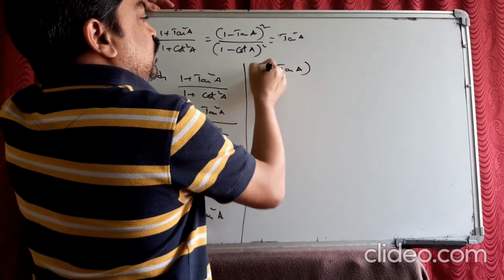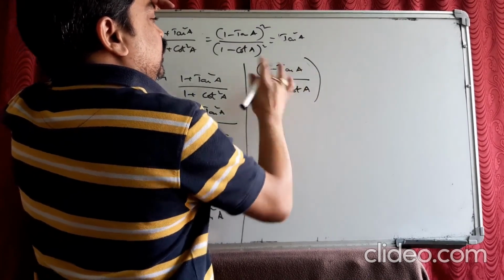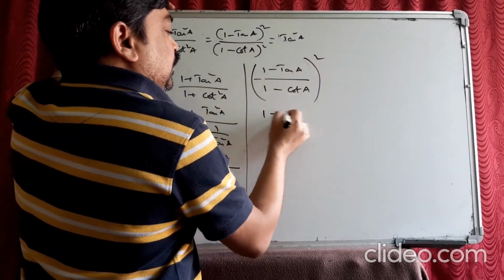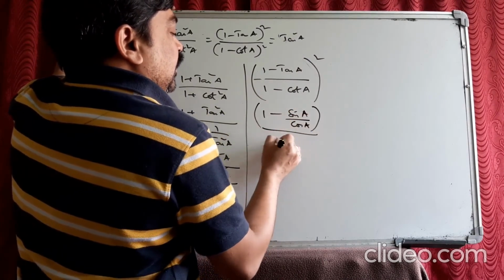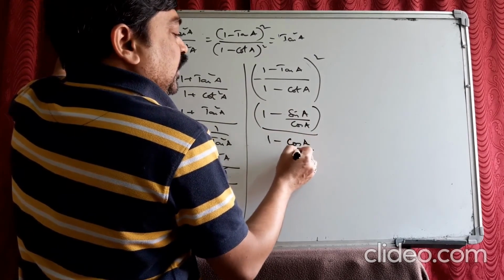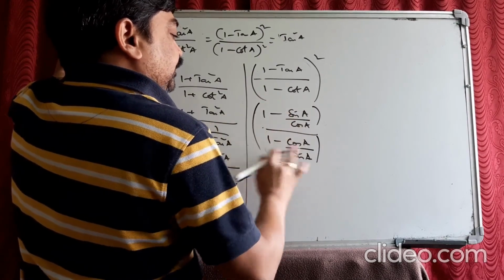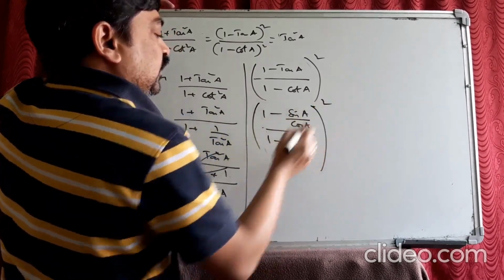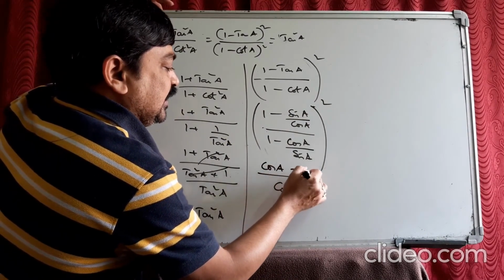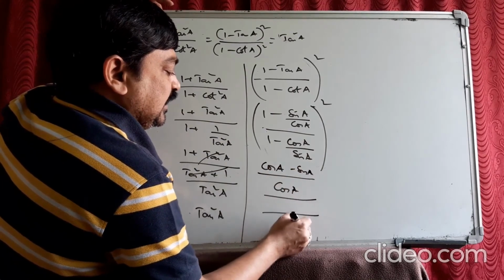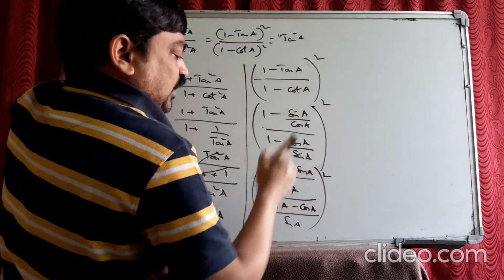We take the second one also: 1 minus tan A whole square by 1 minus cot A whole square. We take whole square like this, better. You take sin A by cos A in the place of tan A, cos A by sin A in the place of cot A, since it is whole square. So in the numerator the LCM is cos A, giving cos A minus sin A whole square. The denominator LCM is sin A, giving sin A minus cos A whole square.